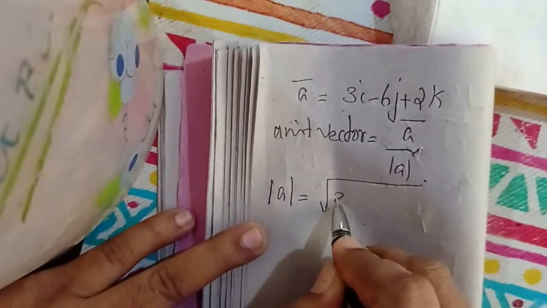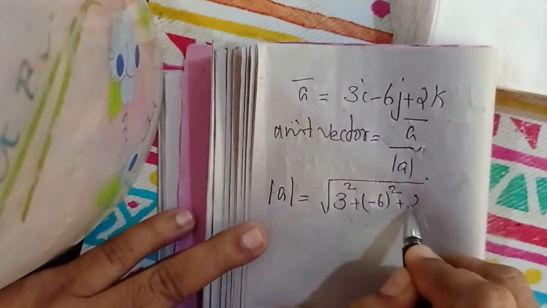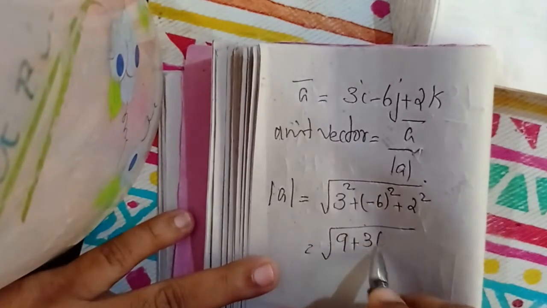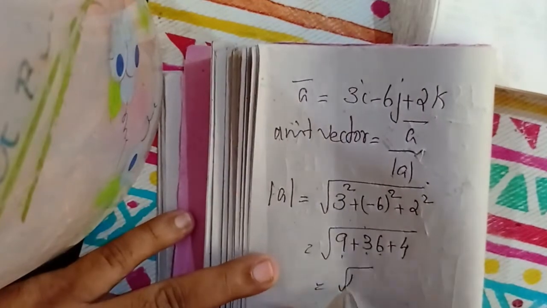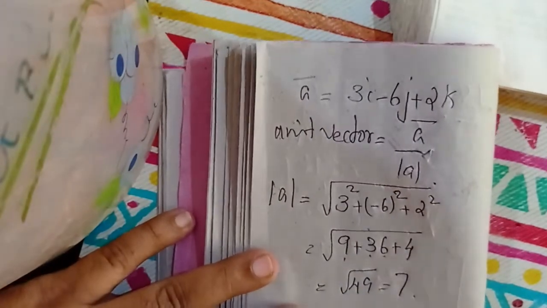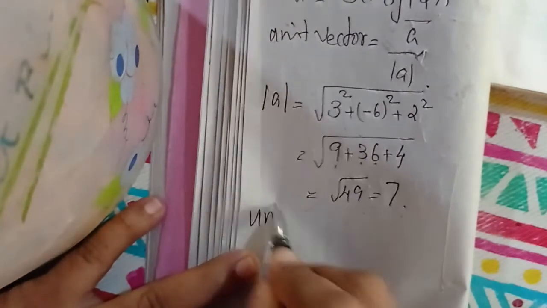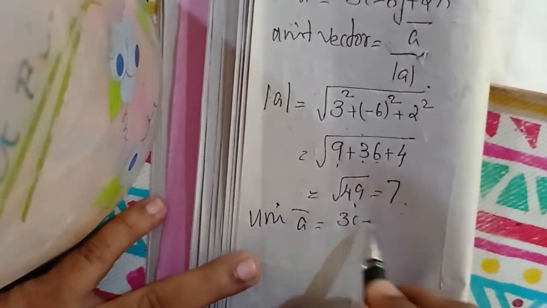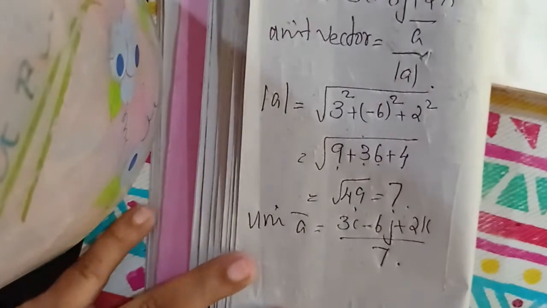Root of 3 square plus minus 6 square plus 2 square. That is 9 plus 36 plus 4, root 49. What is the answer? 7. Therefore, the unit vector in the direction of A is vector A, that means 3i minus 6j plus 2k the whole divided by 7.